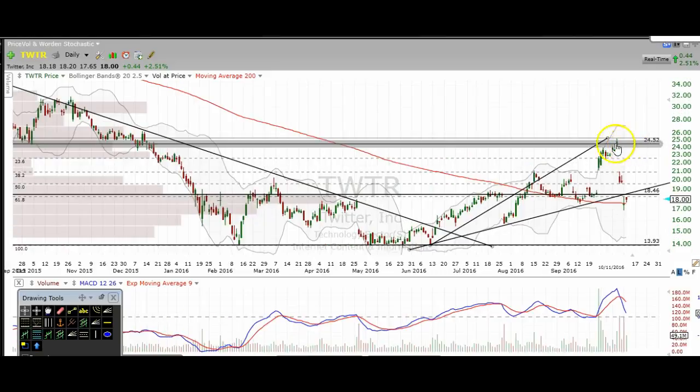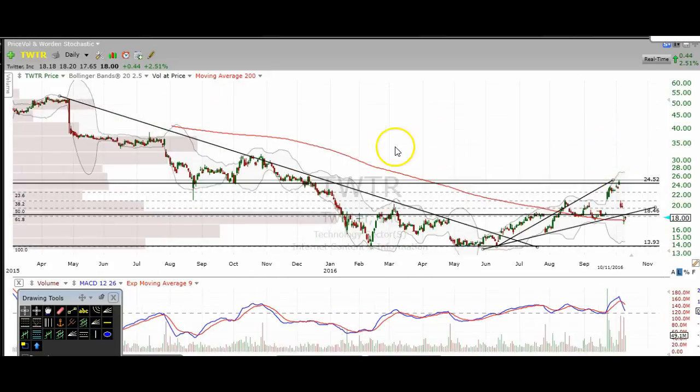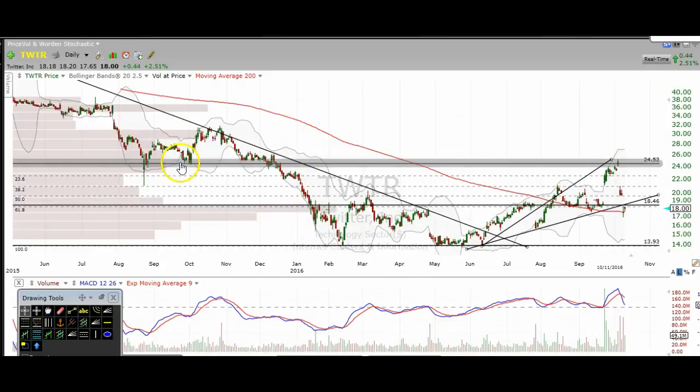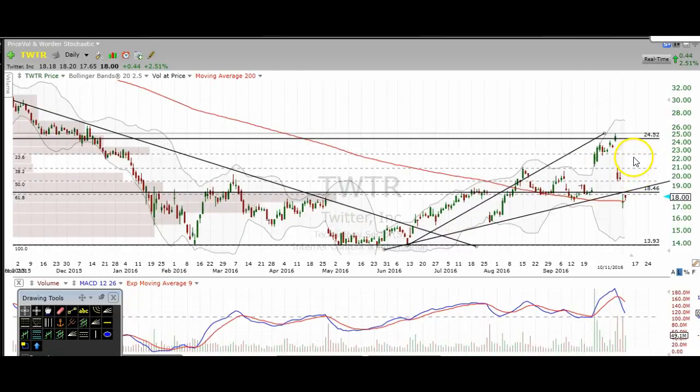So why did we sell up here near 24.50? Well, because it was these previous lows right here. So it's no surprise that we got a rejection right there. And I didn't just draw this line because we got rejected. That line has been there, and it's been our target the entire time since we traded it from the lows here.